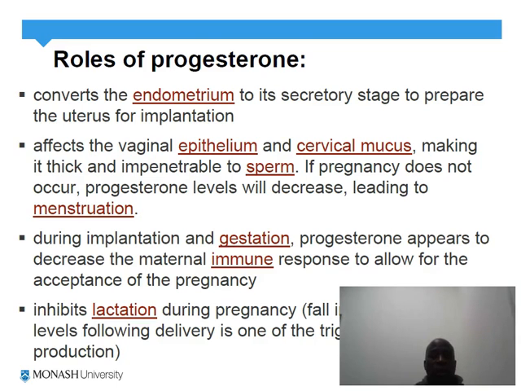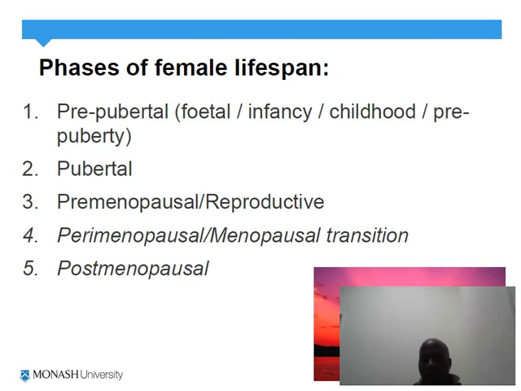Which means when the pregnancy is on, lactation is inhibited. As soon as the baby is delivered, the progesterone levels fall, allowing the trigger of the milk production. Okay. Now, having said that, it's important also to look at the female lifespan.